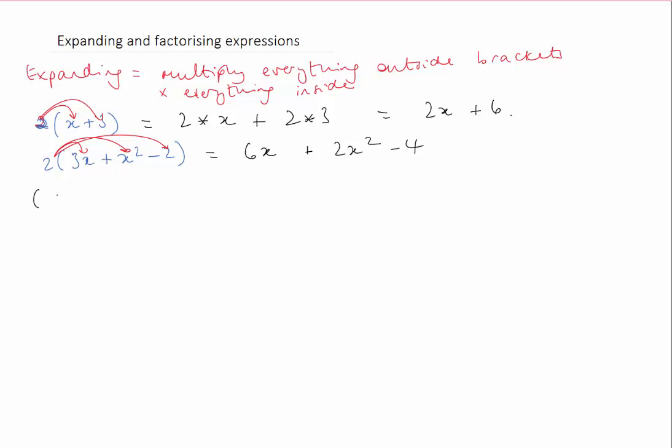Right, this equally applies if we've got something like 2x plus 4 times x minus 3. So the rule here is that we've got to multiply each part by each other part. So we've got to multiply 2x by this x here, and then we've got this 2x times the minus 3.